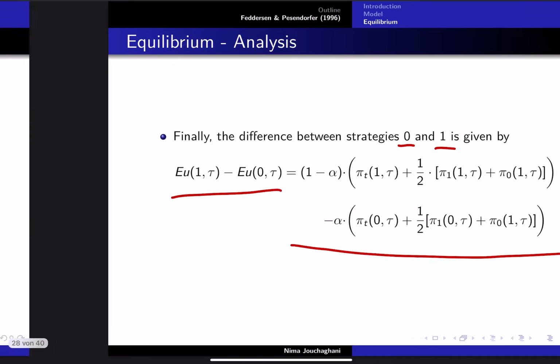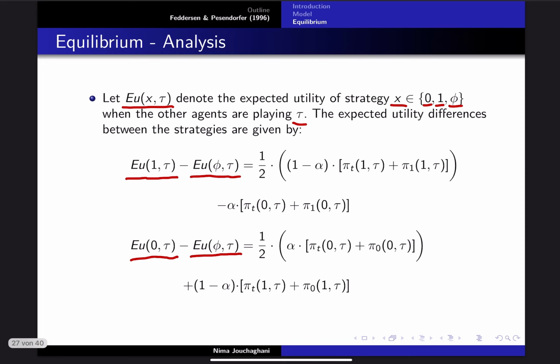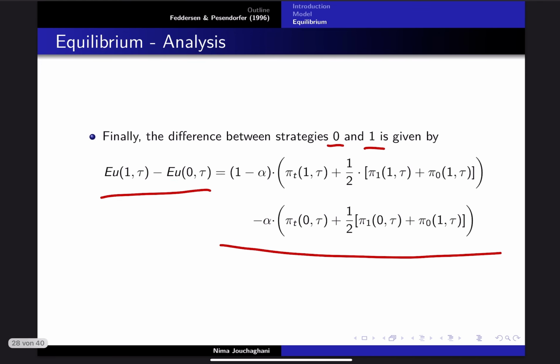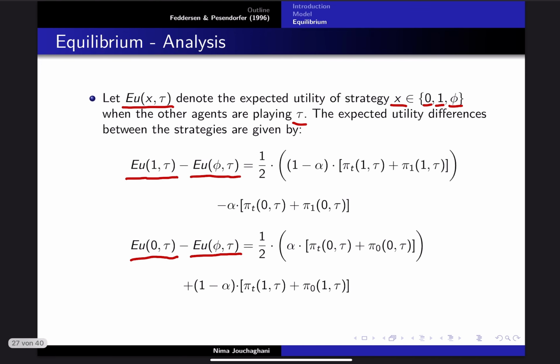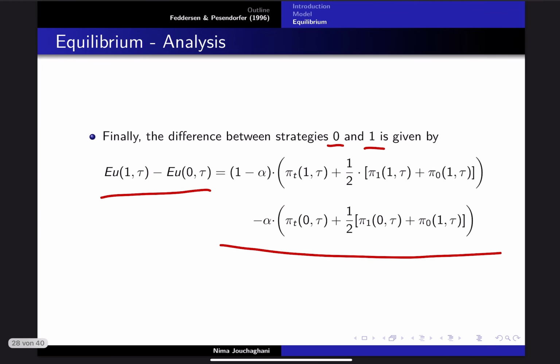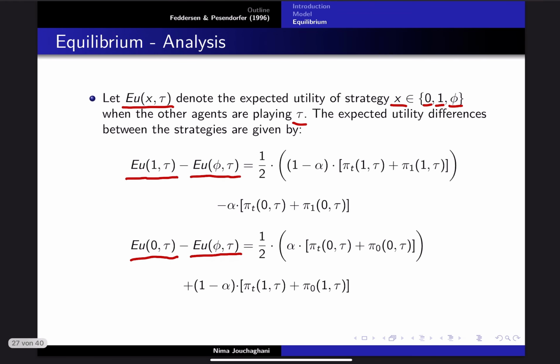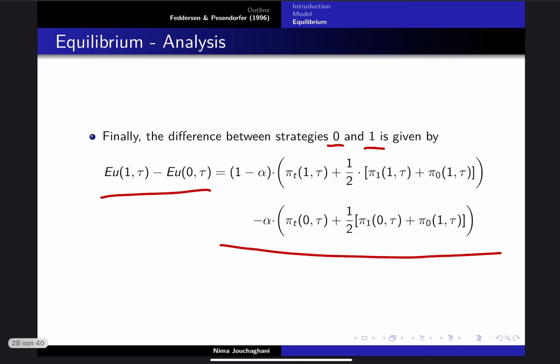I will not go into the details of those expressions. This should be quite straightforward. If you compare them with the probabilities that I introduced before, it should become clear what those expressions are. Some things cancel out, but at the end of the day, they will determine what the equilibria outcomes will be.